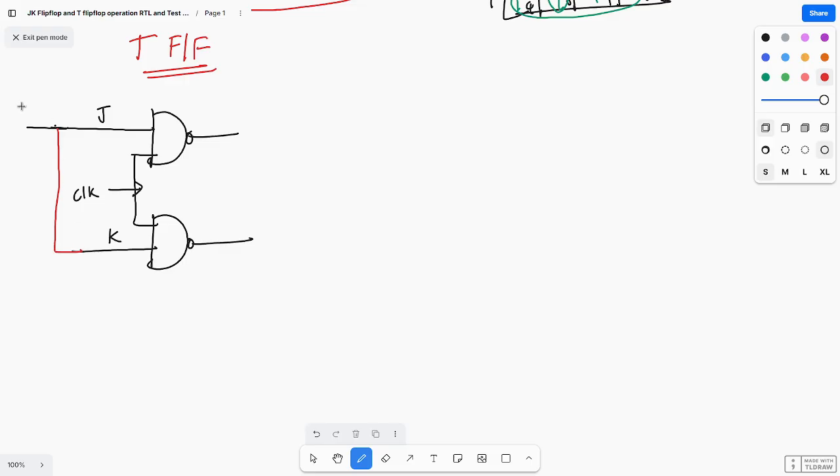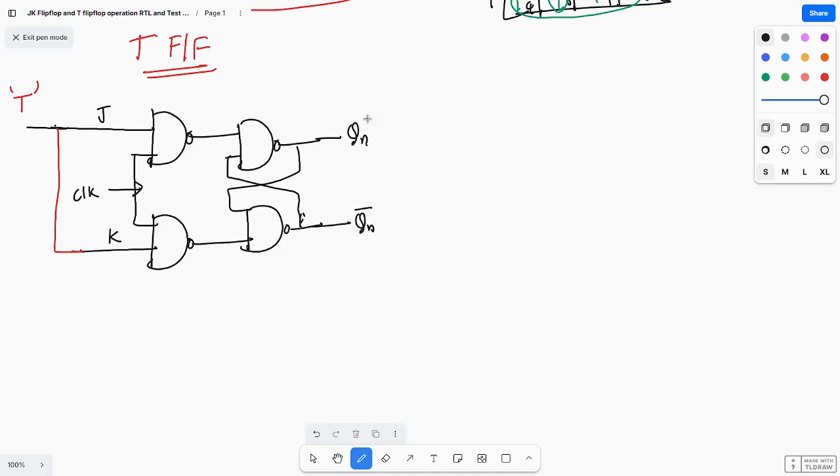And you are giving the input as T. Here one more NAND latch is there, with the feedback inputs connected back to back. These outputs are Qn and Qn bar, the present state, and the next state is Qn plus 1 and Qn plus 1 bar.